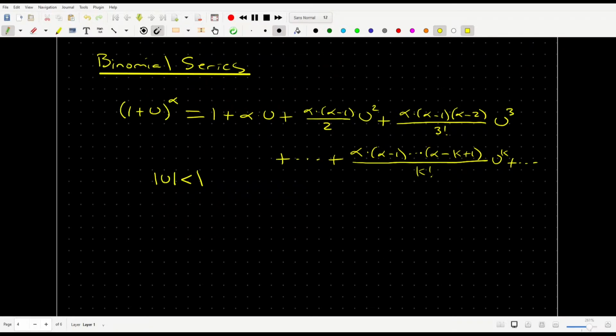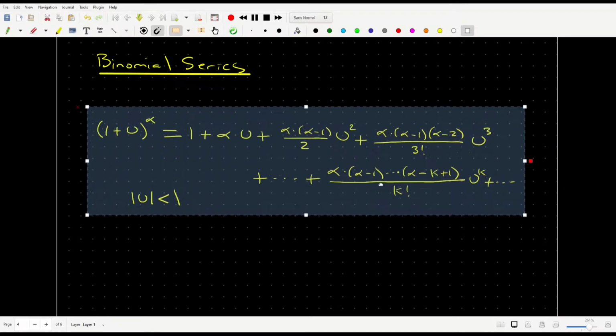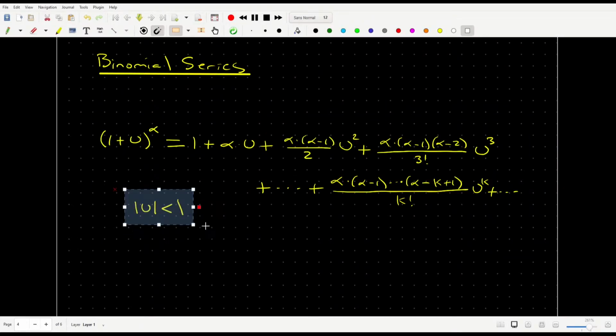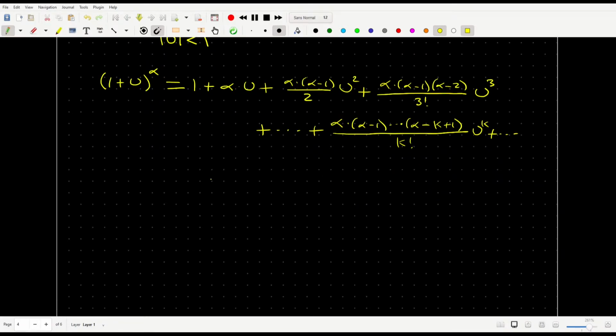And one of the nice things that we can do is actually write this down in a closed form notation, using just a little bit of a definition. So I'm going to define this new notation, sometimes called the choose notation. Alpha choose 0 is 1.